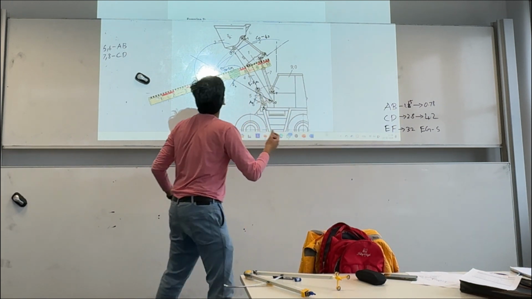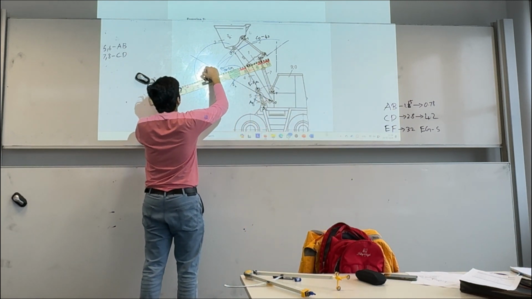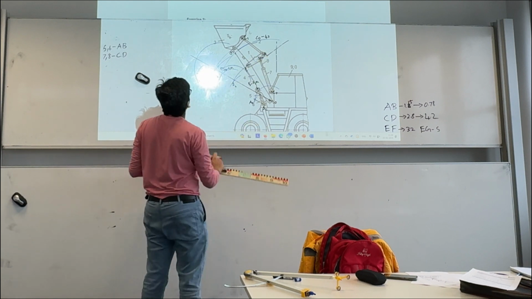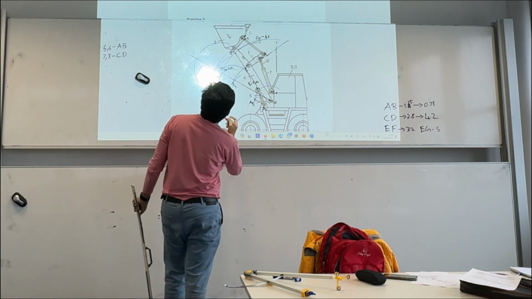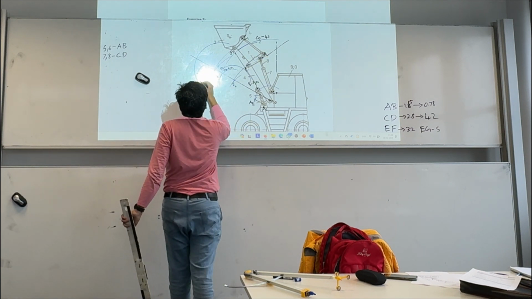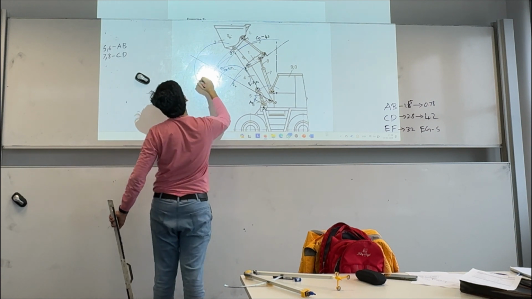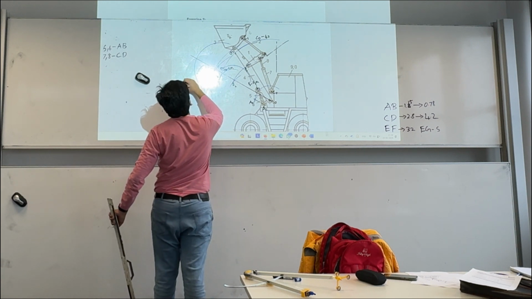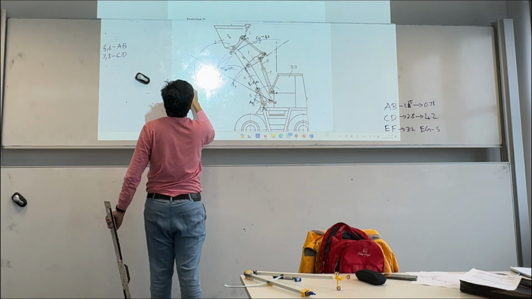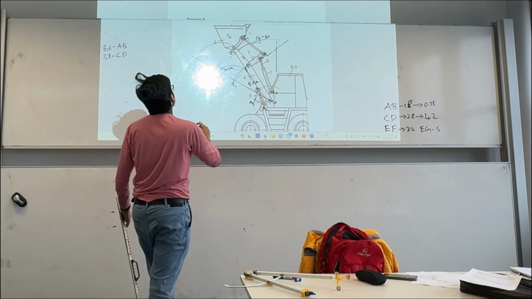The last step would be to make all the joints. That's IG, and then the rest of the drawing.